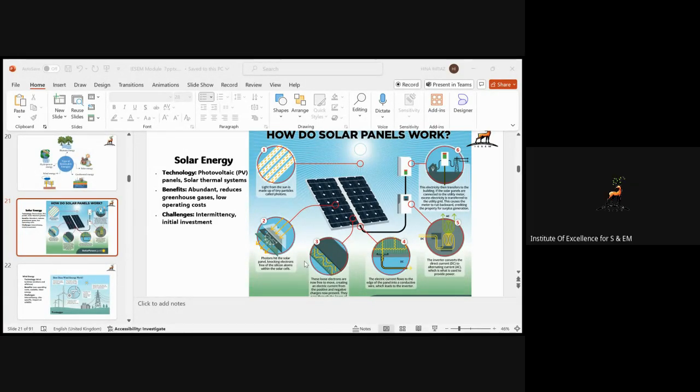Okay, so the answer is it can generate electricity, because solar power only requires some level of daylight in order to harvest the sun's energy. So we don't need a very high quantity of sunlight for generation of electricity.